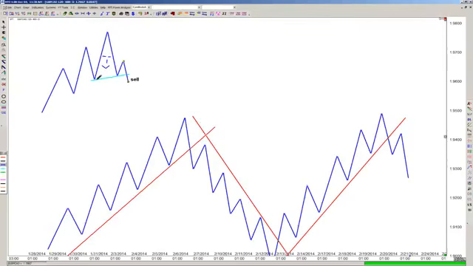Usually what happens is when the market takes out support right here, this level of support right there, it has a tendency to once again bounce back up and wave all the way back up like this before it falls.